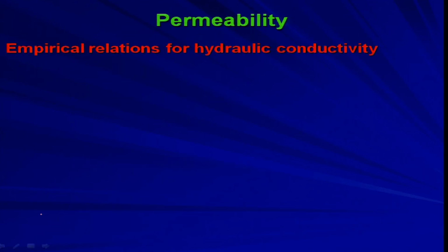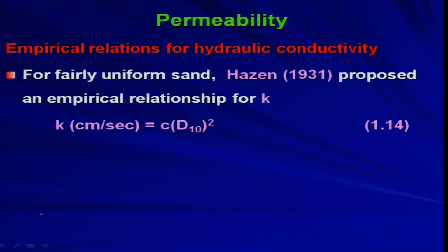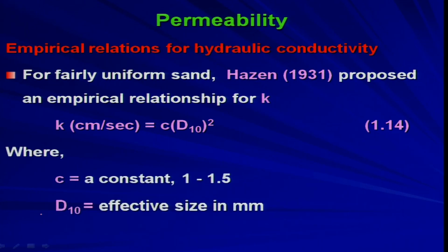Now, there are several empirical relations available in the literature to find out hydraulic conductivity. I will go one by one. For fairly uniform sand, Hazen in 1931 proposed an empirical relationship for k, which is given by k in centimeter per second equal to C, some constant, multiplied by D10 squared, that is C D10 squared, where C is a constant which will vary from 1 to 1.5, and D10 is, as you know from our earlier discussion, the effective size in millimeter.